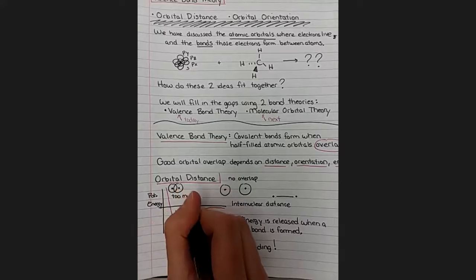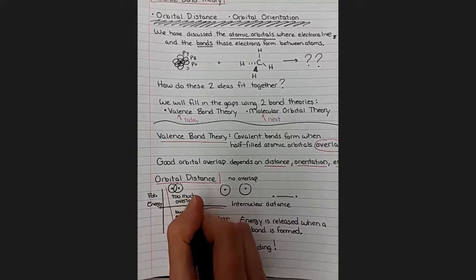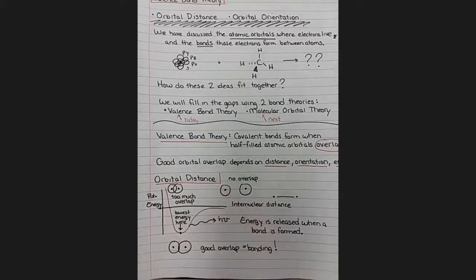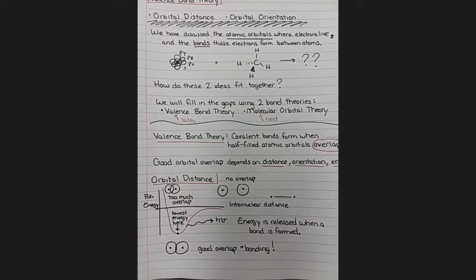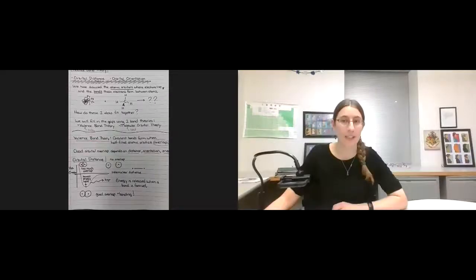We have too much overlap because the positively charged nuclei start to repel each other, and it's just a bad time. So there is such a thing as too much or too little overlap. We are looking for the appropriate bond distance to have the best orbital overlap. In the next video, we will talk about the next feature of good orbital overlap, which is orbital orientation.